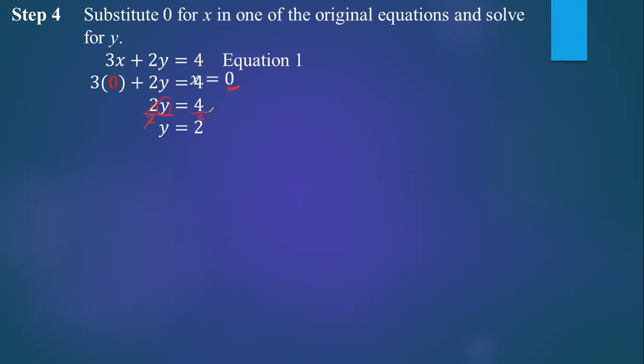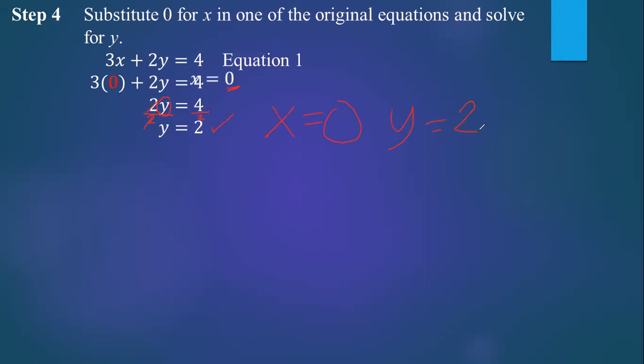So 4 divided by 2 is 2. Therefore, we now have our values x equals 0 and y equals 2. And that is by the elimination method.